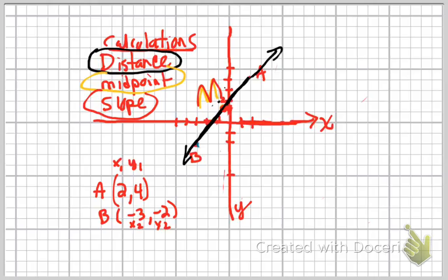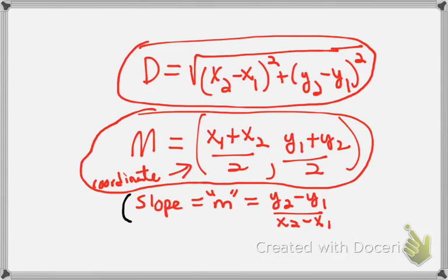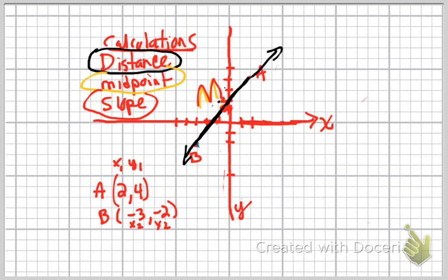So let's go to our formula page. Okay, slope. Slope is change in y over change in x. Again, the subscripts, y2 minus y1 over x2 minus x1. So it's definitely a lot of plug and chug in this segment. Okay, in this podcast. All right, so first, let's just practice getting the slope of this line.